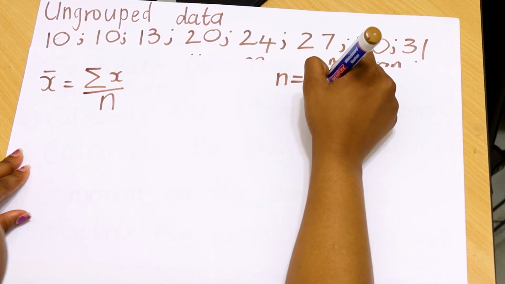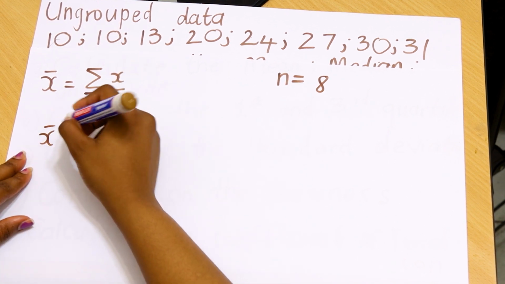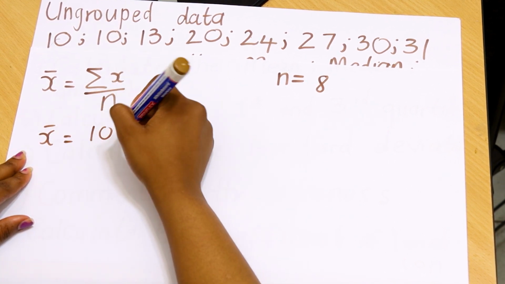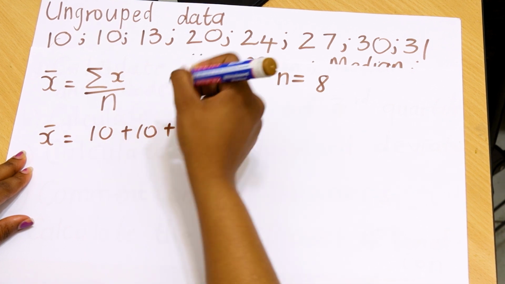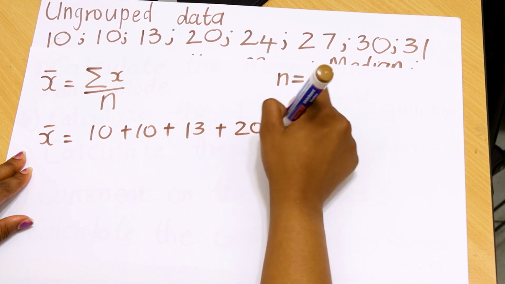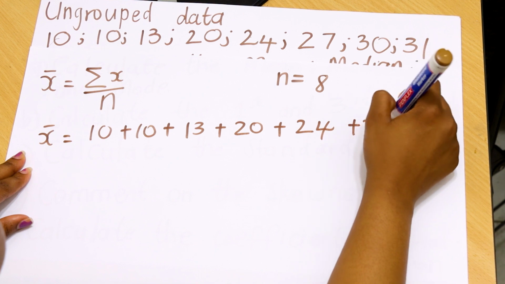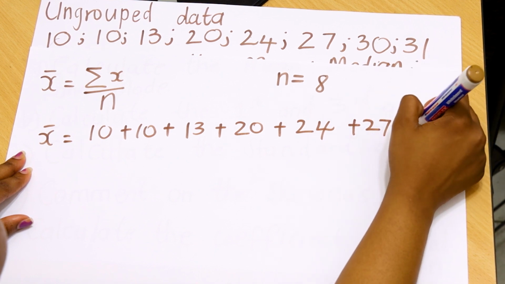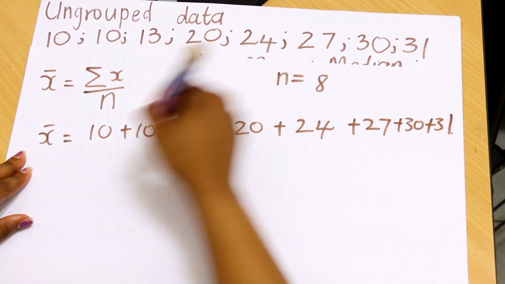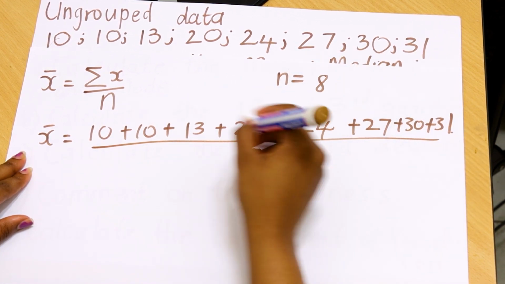So n is 8. Our mean is going to be 10 plus 10 plus 13 plus 20 plus 24 plus 27 plus 30 plus 31, that is the sum of x, divided by n, 8.